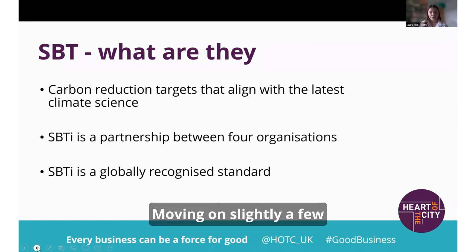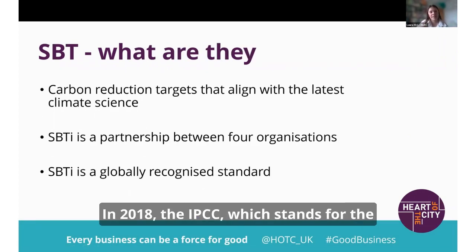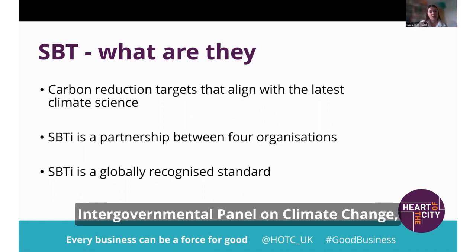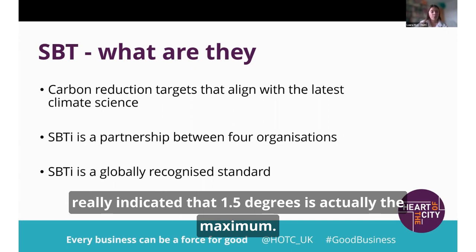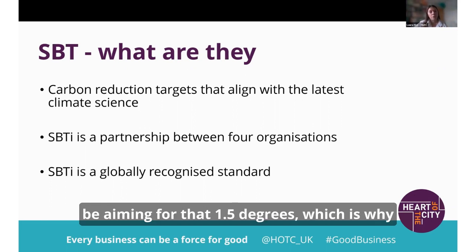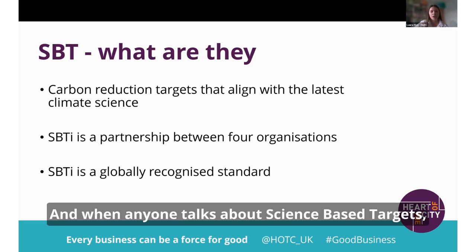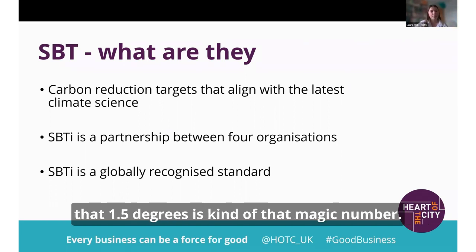Moving on in my timeline, in 2018, the IPCC, which stands for the Intergovernmental Panel on Climate Change, really indicated that 1.5 degrees is actually the maximum. 2 degrees is too warm, and we have to be aiming for 1.5 degrees, which is why you'll be hearing 1.5 a lot through this presentation. When anyone talks about science-based targets, that 1.5 degrees is the magic number.